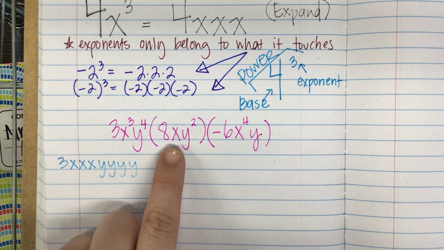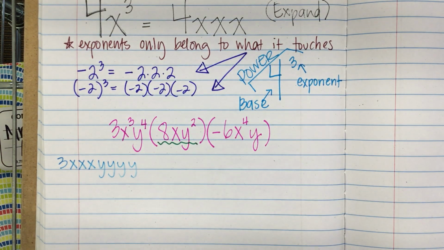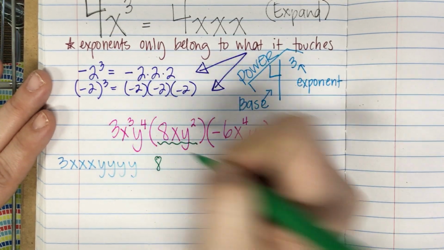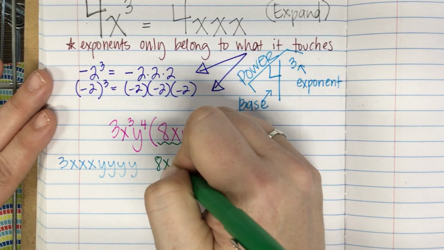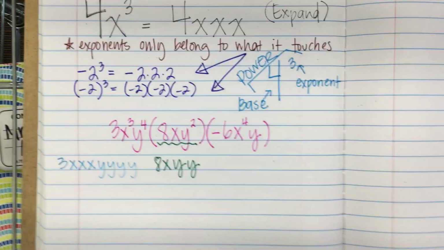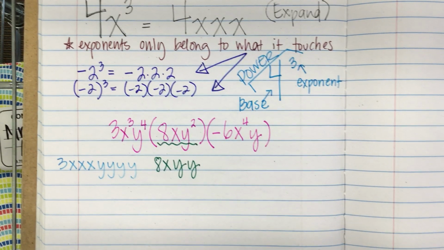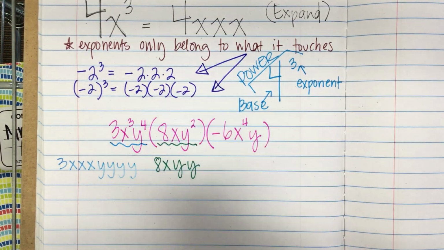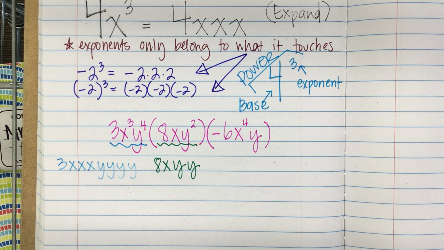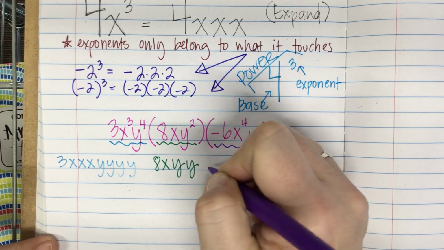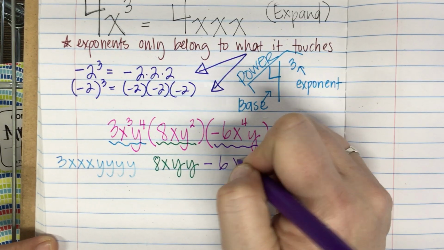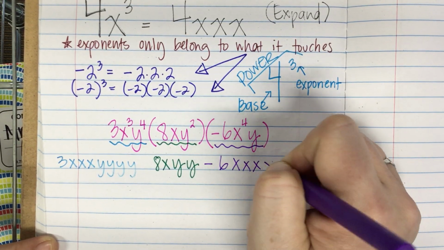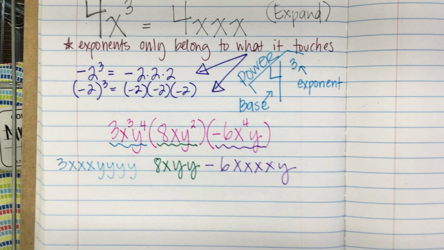And then this guy right here would look like 8x, y, y. And this one is negative 6x, x, x, x, y. Do you agree?